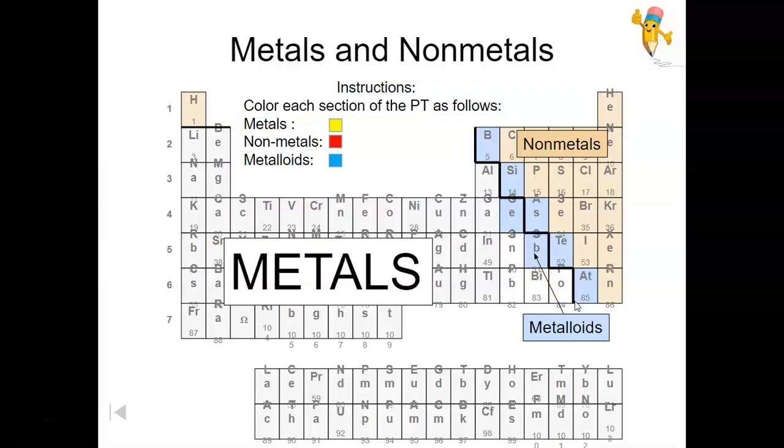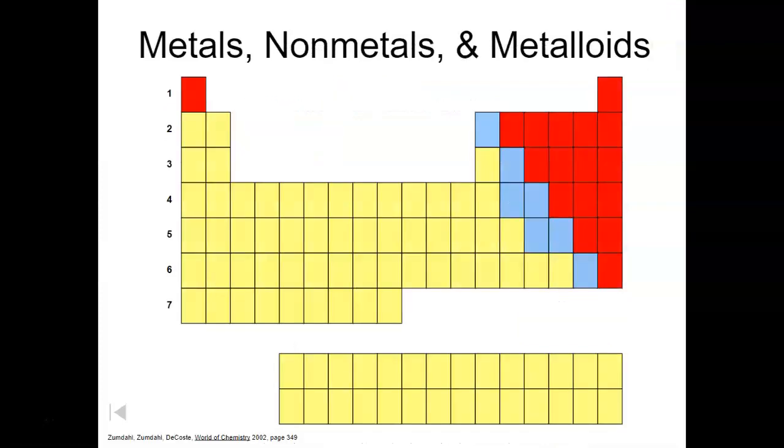Like I said, you can either pause here or you can look at the next slide. Very similar. This one just doesn't have the labels of the elements. Also note that you are going to color number 1, hydrogen, red, because he is not a metal. He is a non-metal. He just happens to be over there based on other characteristics and the fact that it has 1 electron in its outermost shell.